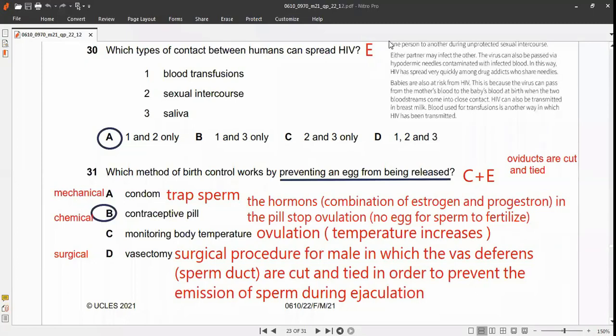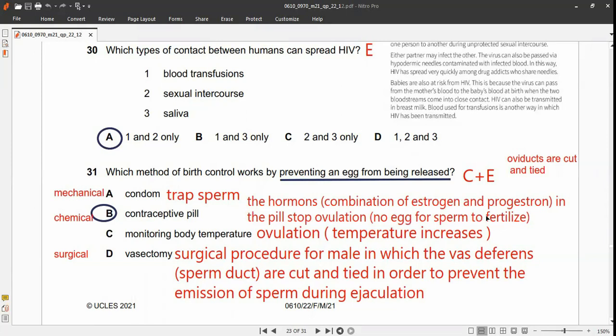Which method of birth control works by preventing an egg from being released? A. Condom. No, it traps sperm. It's a mechanical barrier. The contraceptive pill is a chemical barrier because it contains hormones, a combination of estrogen and progesterone, and stops ovulation, so there is no egg for sperm to fertilize.